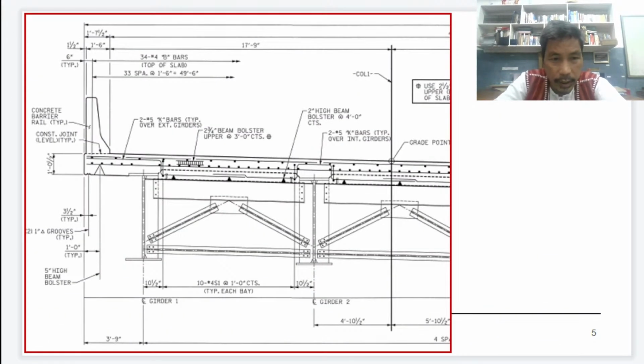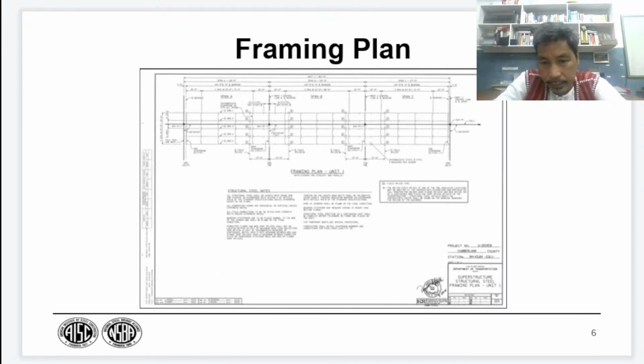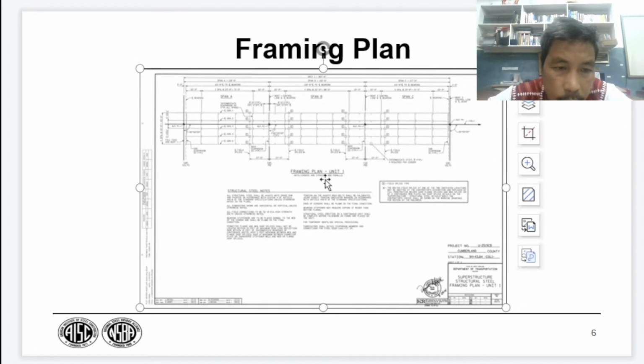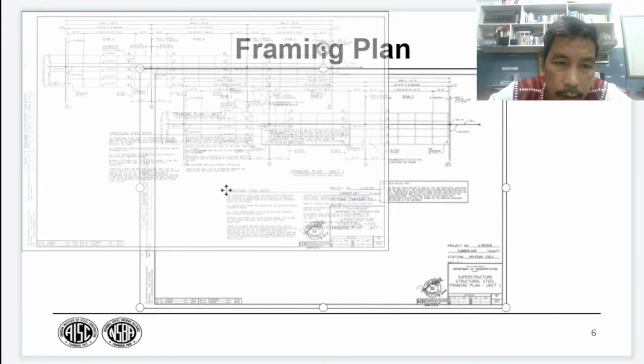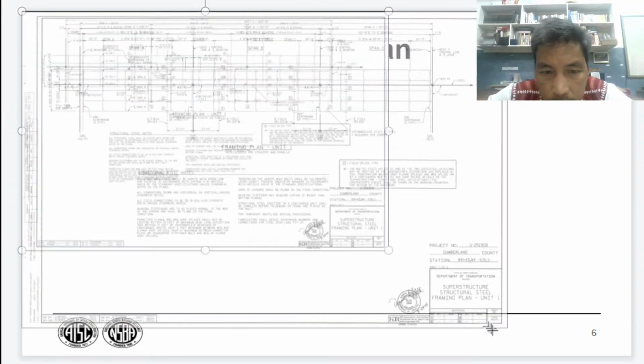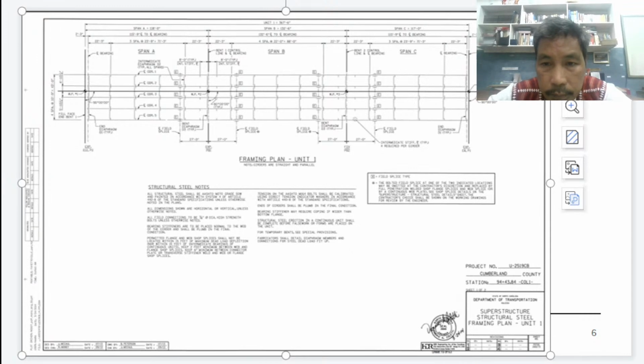Let's now therefore go to the next slide. Too small, so let us enlarge this. Let us enlarge it like this.